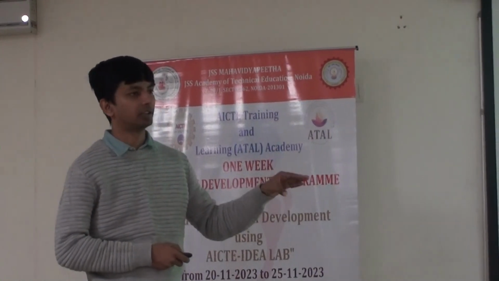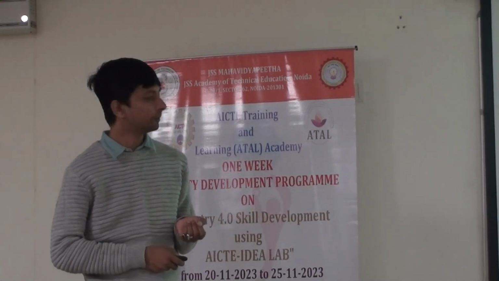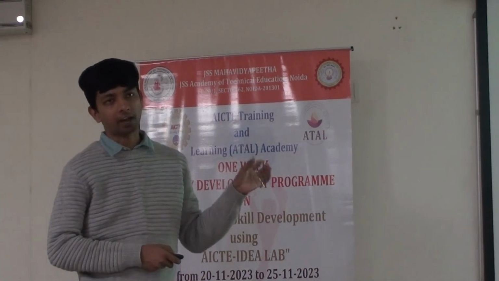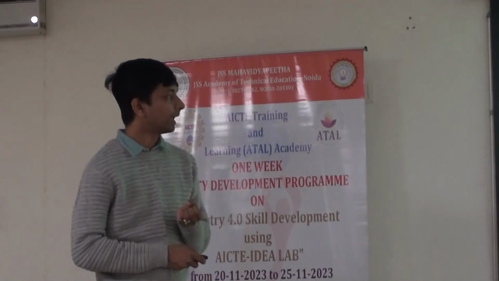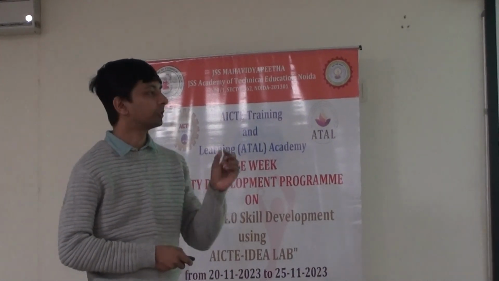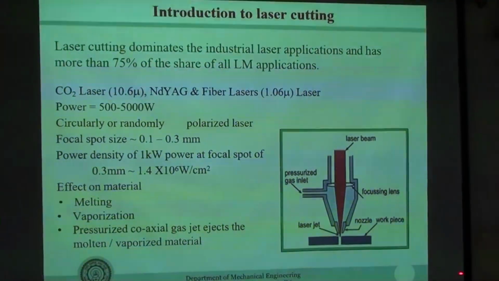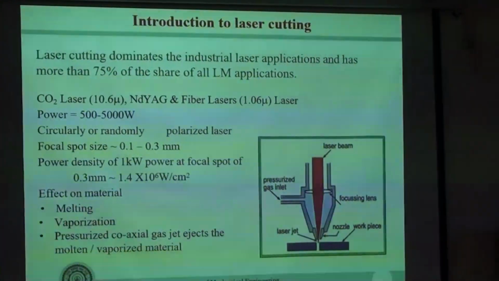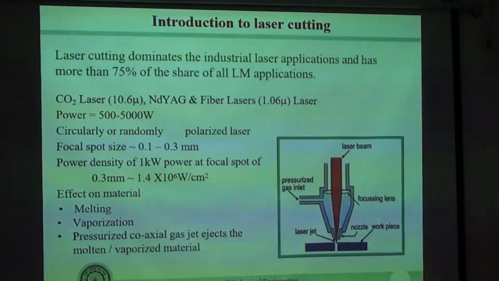I'm not going into the details of that because we are mainly focusing on the application part. But just remember that it depends on many factors: how the intensity of that particular laser beam is, and what the quality factor is, whether you can focus it down to a narrow region, because that will limit the feature size of the cutting tool. And based on that, the cost of the system will also vary.